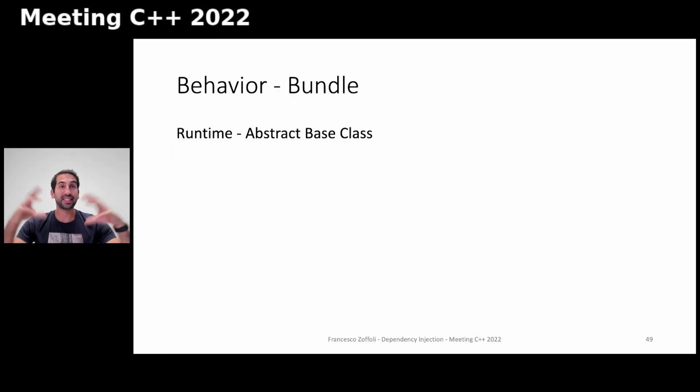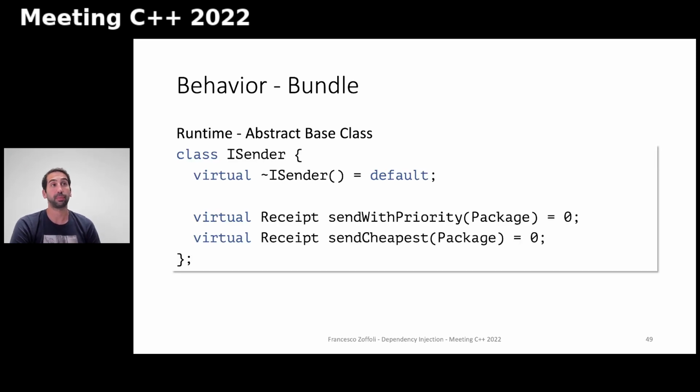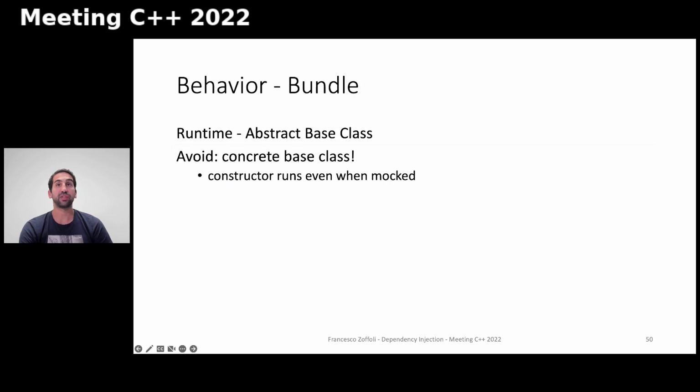Let's look at bundles. Bundles are a set of actions that we want to do as a unit. An example, when we are talking about runtime polymorphism, is to have an abstract base class, what we generally would call an interface, with multiple functions in the same class. It's very important when using an abstract base class to avoid having a concrete base class.